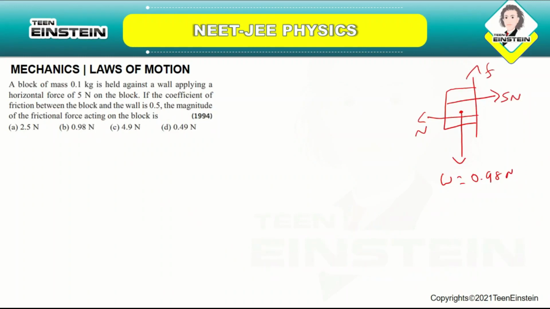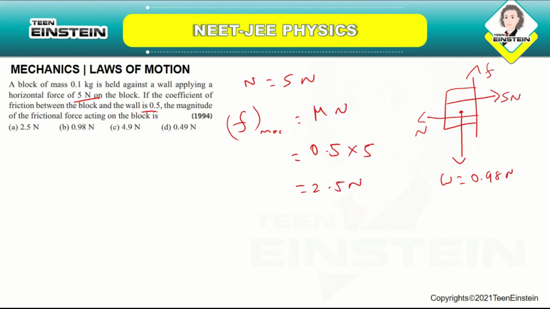Okay, so N is 5 Newton. They have given the horizontal force as 5 Newton, and F maximum is equal to mu into N, and mu value is 0.5. So 0.5 into 5, which is equal to 2.5 Newton. Now for vertical equilibrium, you have to calculate F is equal to mg, which is equal to 0.98 Newton.